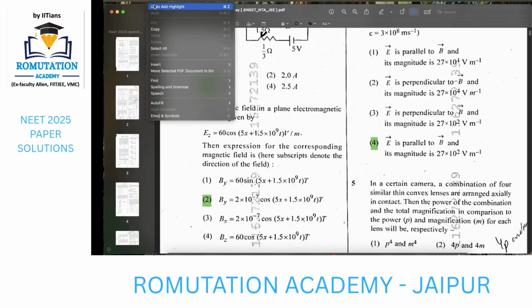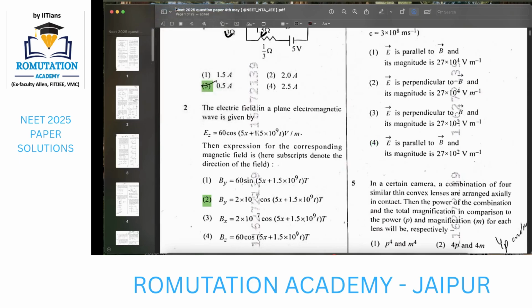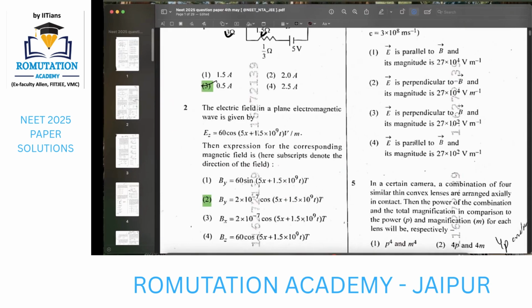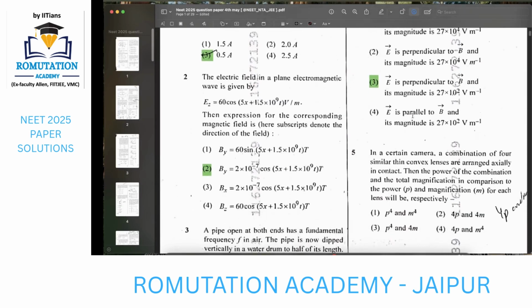Okay, edit, okay, right. So I think the electric field direction is in the minus k cap, while the force of the magnetic field was also in minus k cap, but the direction of the magnetic field was in the y cap, the j cap direction, right? So I think we should say that the electric field is perpendicular to this and its magnitude is this. So 3 should be the best answer as per our discussion.